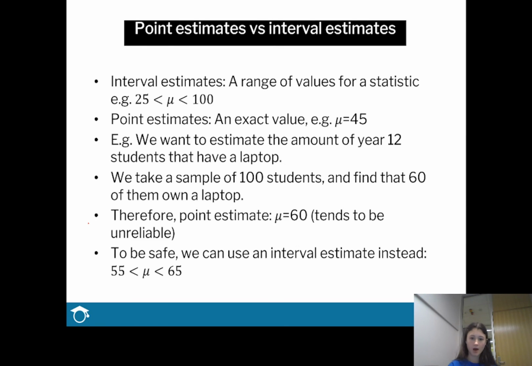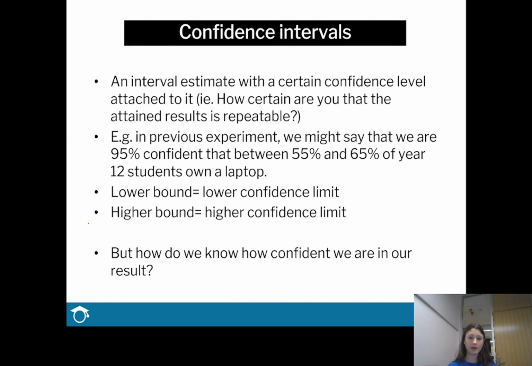Like in this example, if we take a sample of 100 students and find that 60 own a laptop, the point estimate, estimating the whole population, tends to be unreliable because it's so specific. So we can use an interval estimate instead and then calculate a confidence interval to show how confident we are in that interval.